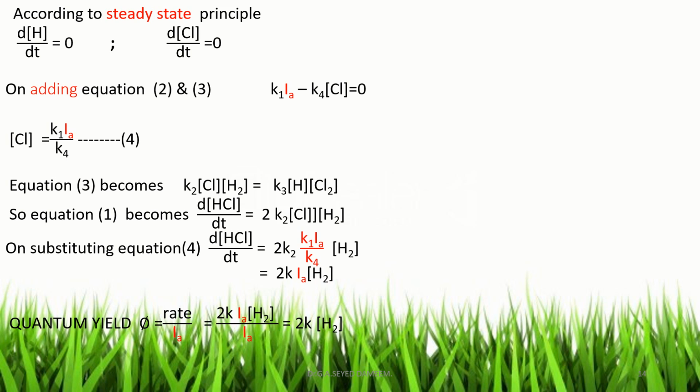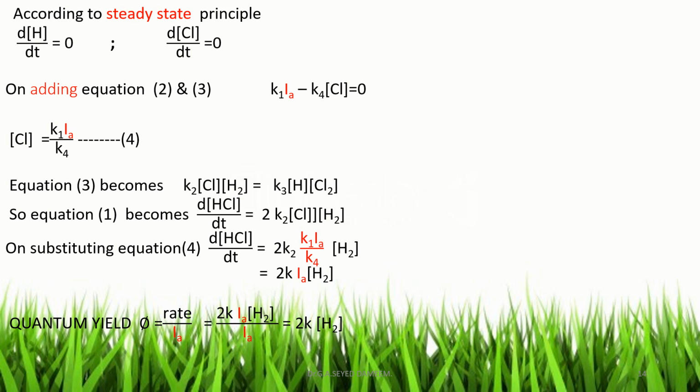So equation 1, the net rate of formation of HCl, d[HCl]/dt, is equal to 2K2[Cl][H2]. This equation is obtained by substituting K3[H][Cl2] as K2[Cl][H2] in equation 1.